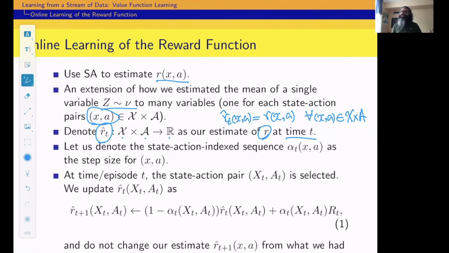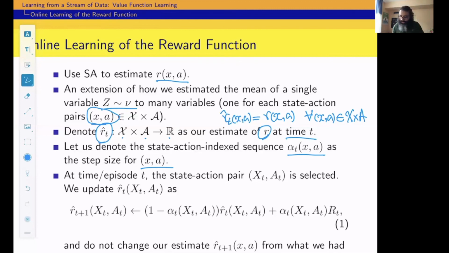Let's denote a state-action indexed sequence alpha t at x and a as the step size for x and a. This might look confusing, but it is not. I'm defining one step size for each x and a. Previously, we only had one random variable, so we had one sequence of step sizes, alpha t. Here I have the same thing, alpha t, but one for each x and a.